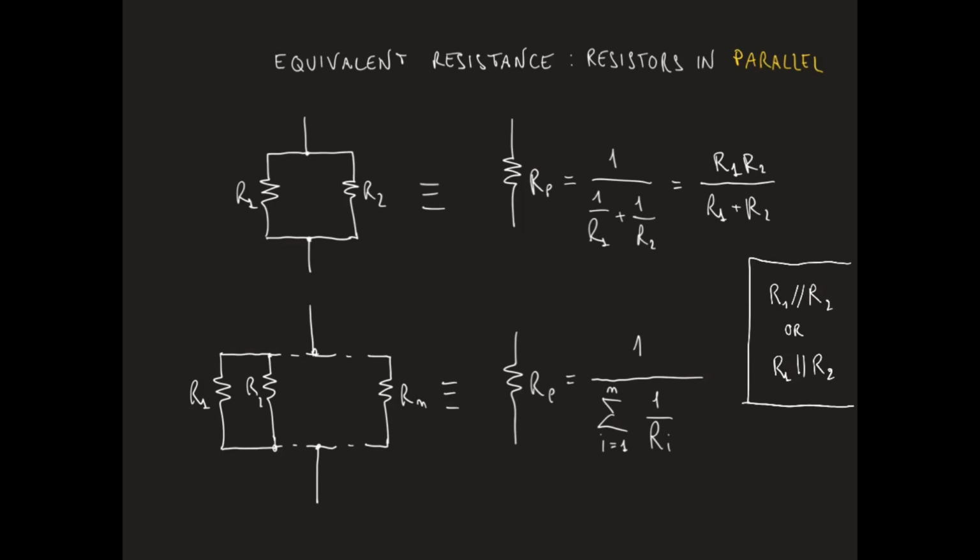Note also that if R1 is equal to R2, equal to R, then the parallel between R1 and R2 is equal to R squared divided by 2R, equal to R divided by 2. So the parallel between two equal resistors is half the value of each of the resistors.